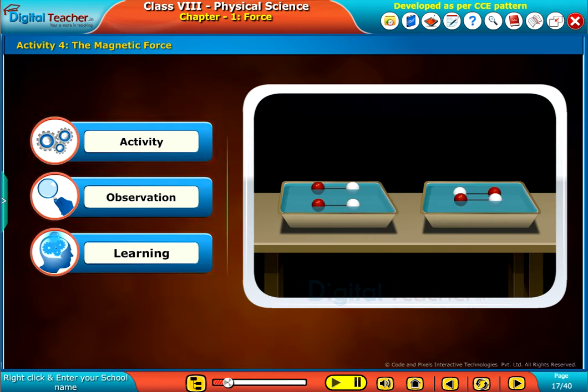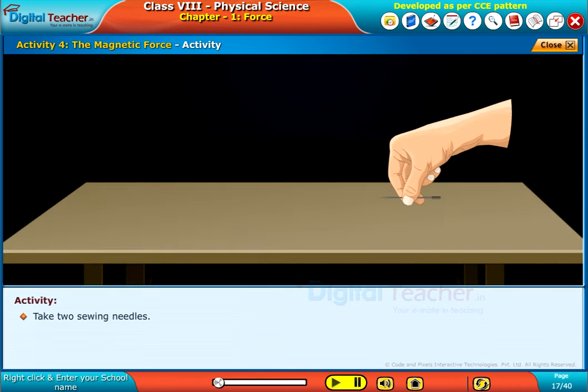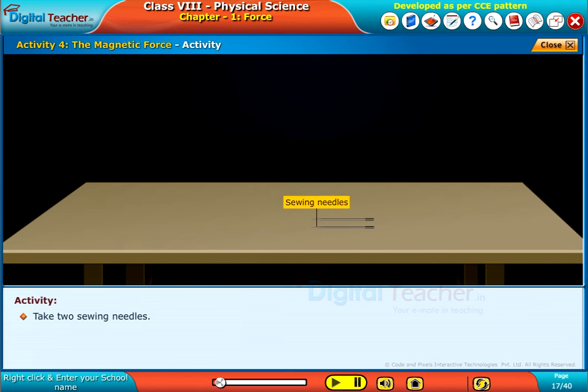Now, let us perform an activity to understand the magnetic force. Click each tab to know more. Take two sewing needles. Take a ball magnet.